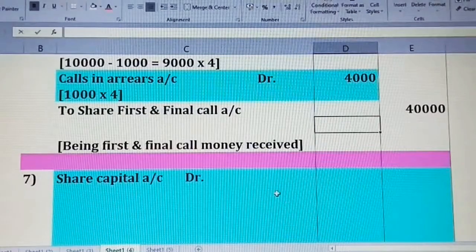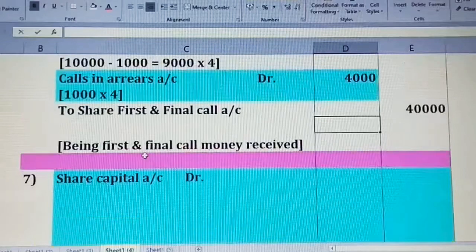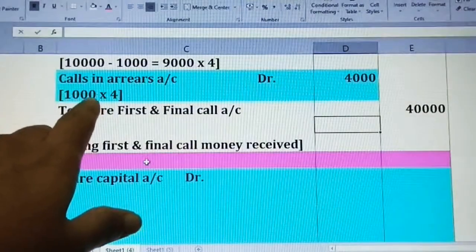Now, coming to the cancellation entry, the 7th one. This is what has been in arrear, that is going to be cancelled.